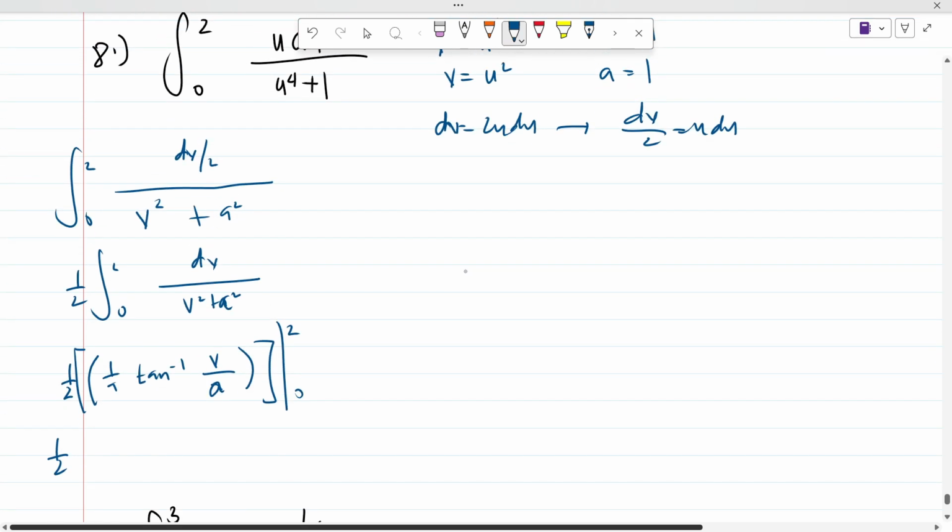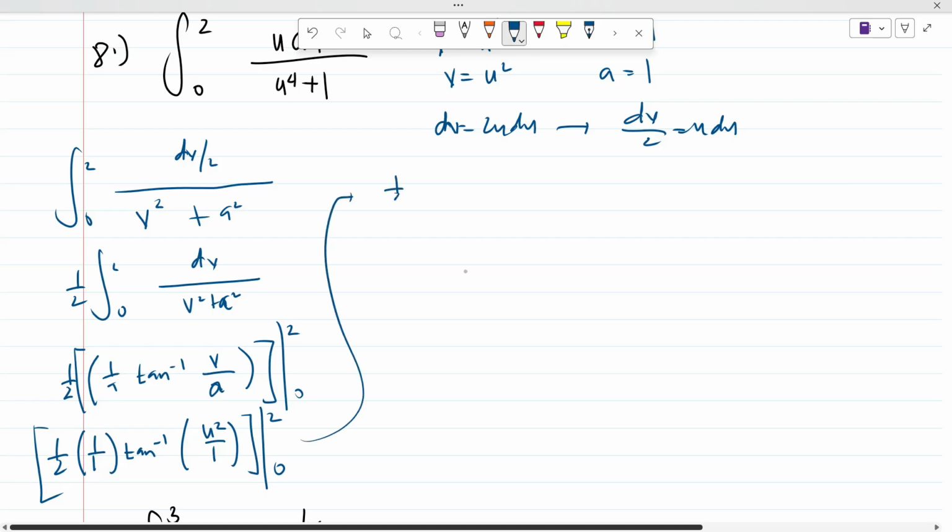Gets? So, since 1 lang yung A natin, guys, 1 all over 1 tangent of negative 1. So, yung V natin is what? U squared all over 1 from with the limit of 2 to 0. So, dito na tayo. 1/2 tangent of negative 1 U squared.